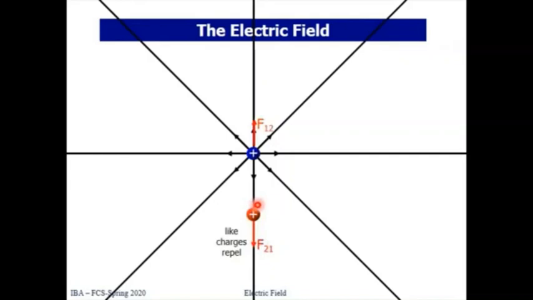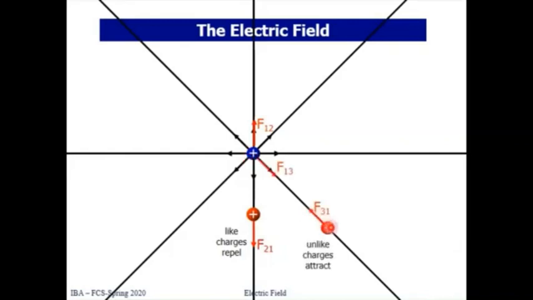In the first scenario, if we bring a positive charge into the vicinity of the source charge, then a force is exerted on this charge through the electrostatic field around the source charge. You already know that like charges exert a repulsive force. So if you allow this charge to move freely from this point, it moves away from the source charge.